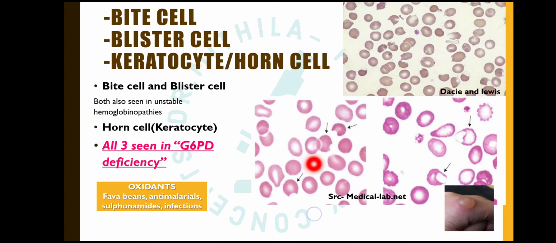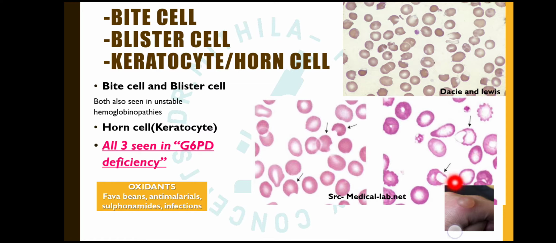Then second, these are the blister cells. They are smaller in size, and they lack a central pallor, so it appears like a vacuole in the periphery of the cell. You can see that there is a thin rim of cell membrane which is enclosing this vacuole in the periphery of the RBC.